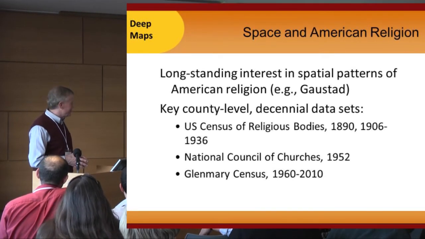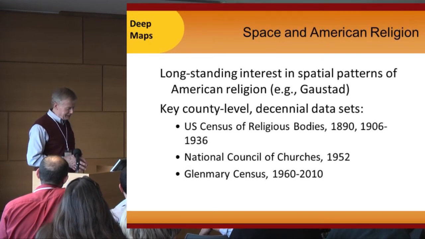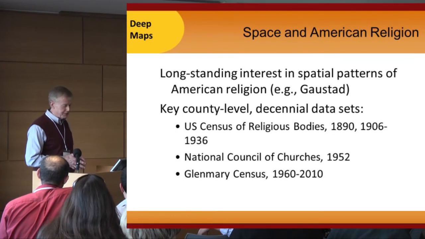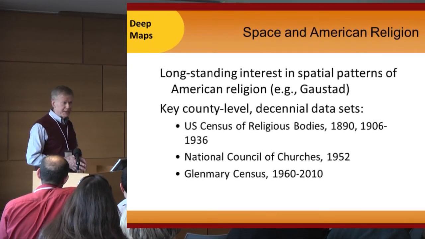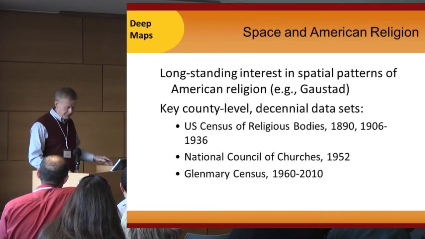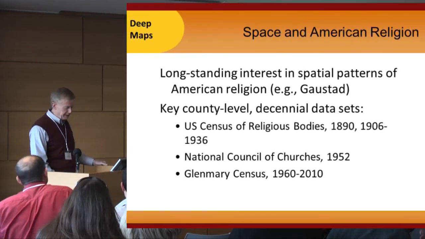And then in 1952, the National Council of Churches picked up the practice, and then from 1960 on, the Glenmary Research Center in Atlanta, Georgia, has been surveying congregational or denominational statisticians to get from them records of or counts of membership by spatial units, especially at the county level.